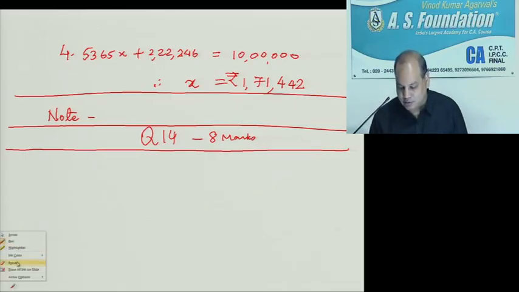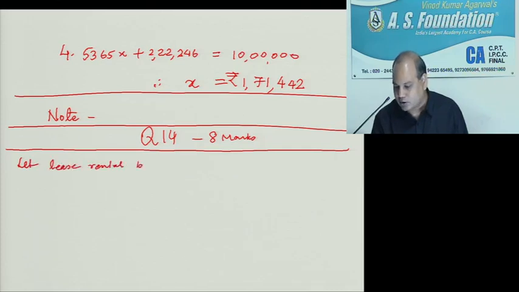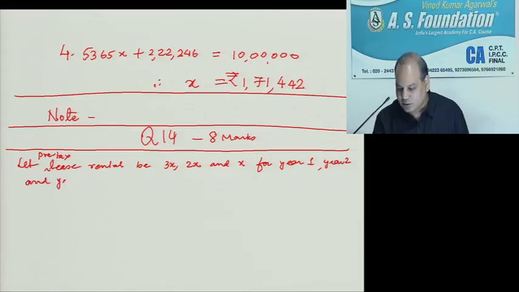Let the pre-tax lease rental be 3x, 2x and x for year 1, year 2 and year 3 respectively.